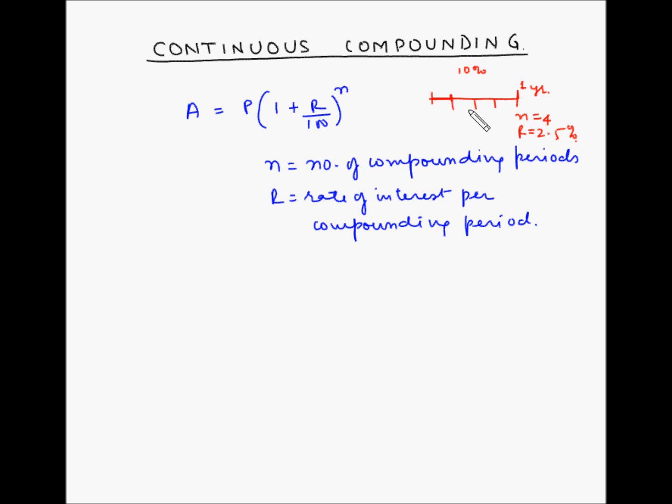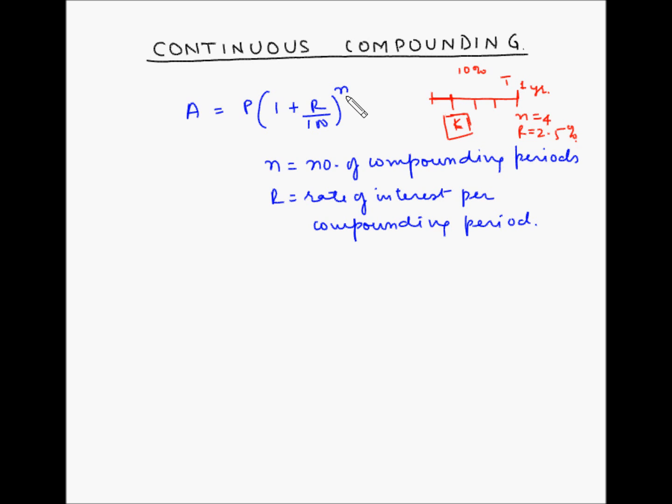So here what we were doing is we were dividing the data available for a year, that is time was 1 year, and dividing it by 4. Similarly, rate was 10% and we divided by 4. So this factor, which is related to the number of compounding periods, let's introduce that as K. And let's express time in terms of number of years.